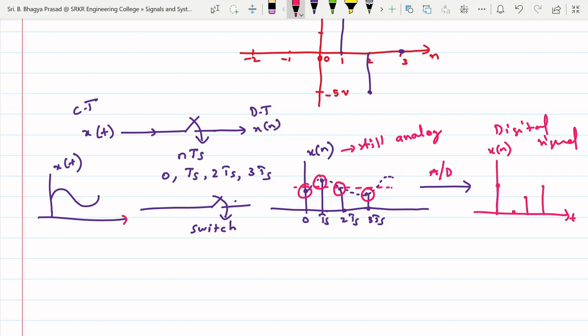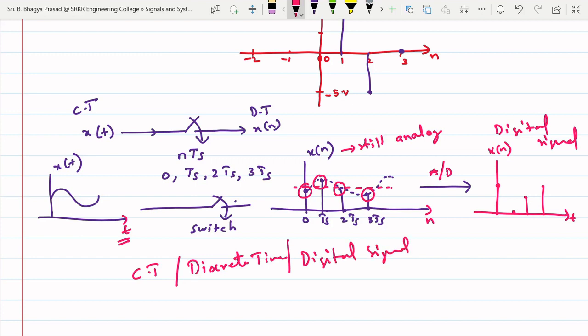and like here for t we say t is time, but here we don't say n is time, it's an instant of time, a particular time instant at Ts, at 2Ts, at 3Ts, like that. So by this you can get the information regarding what is continuous time, what is discrete time signal, and what is digital signal.